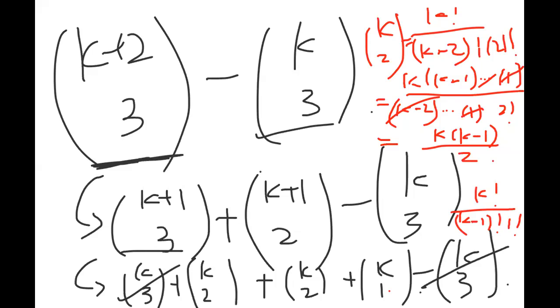Again, all the factors from 1, 2, 3, all the way to k minus 1 appear in both numerator and denominator, so they can be canceled out. The only surviving term is k on the numerator, and 1 factorial is 1, so k divided by 1 is k.